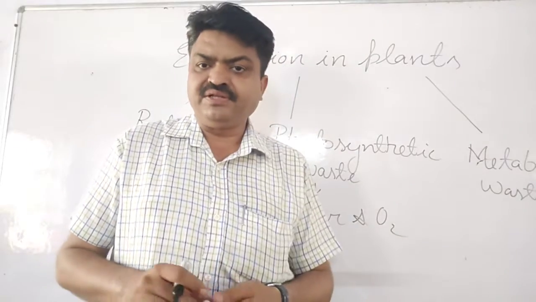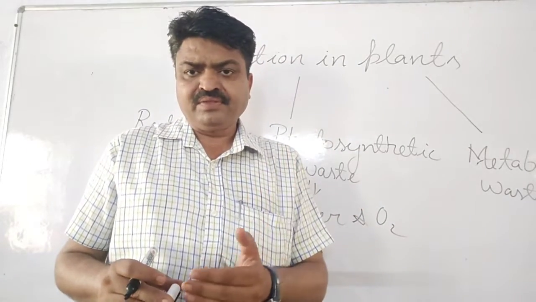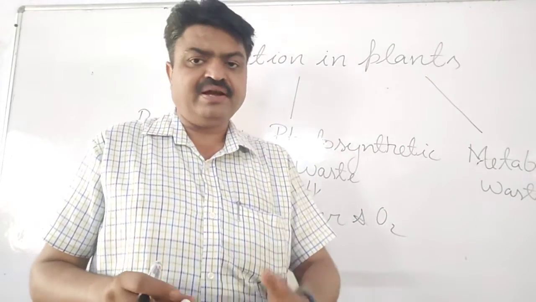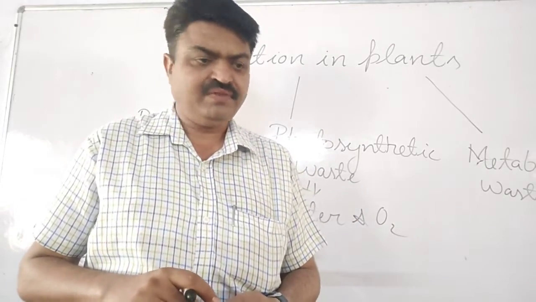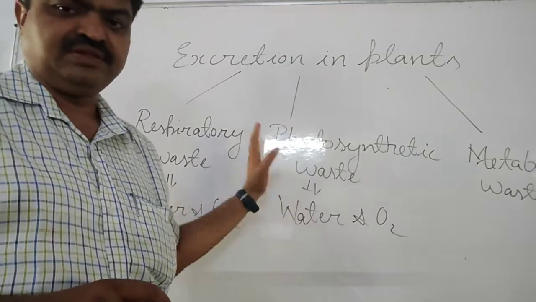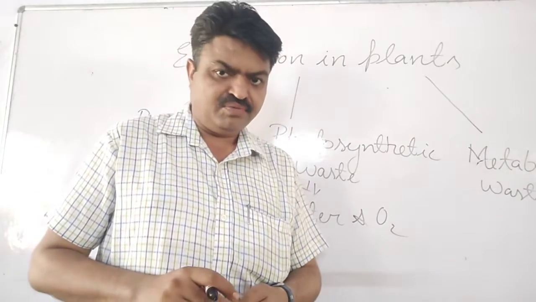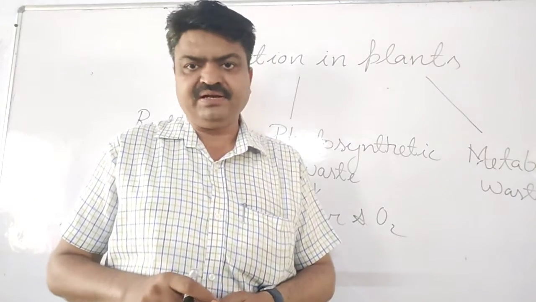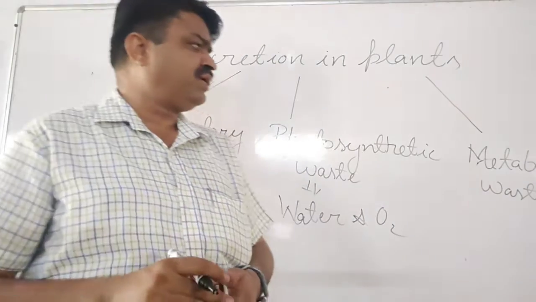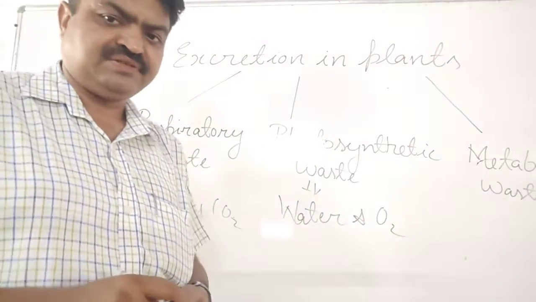Means they take in carbon dioxide and they remove water and oxygen during photosynthesis, students. And they remove this with the help of again stomata and the lenticels. Now we come to the metabolic waste.